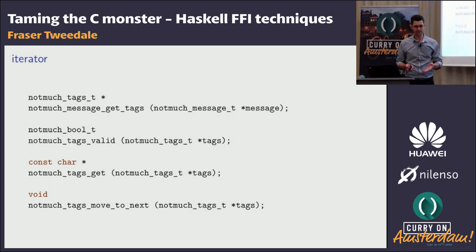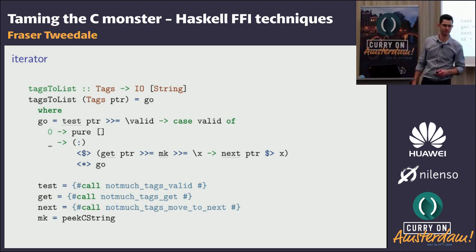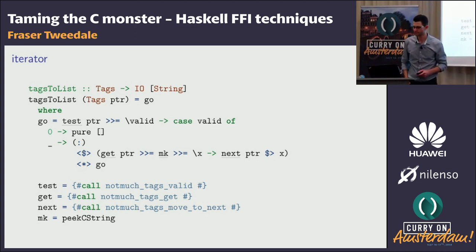An ergonomic interface for an iterator will just be a list of strings, well, strings representing tags in this case. So this tags to list function is a recursive function that just tests the pointer.